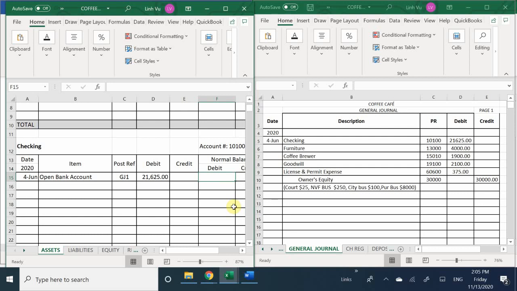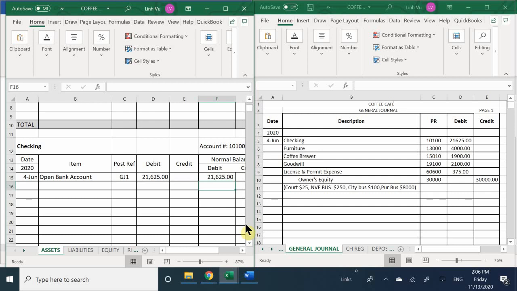So for example, this one, there is no real formula until we do the second entry, okay? That means in my bank account right now, because I started out with 0 and I debited my account by $21,625, my debit is going to be $21,625.